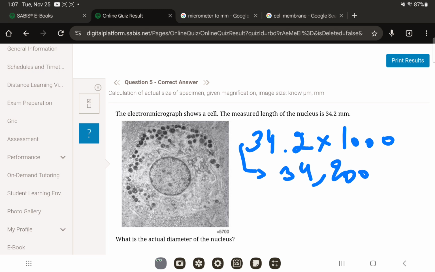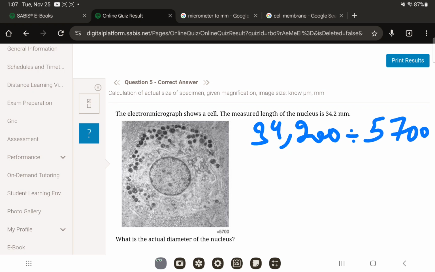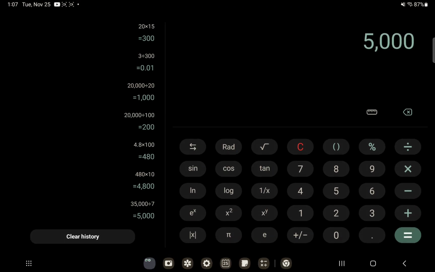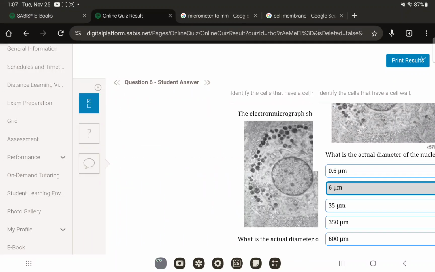So you would do 34,200 divided by the magnification, which is 5,700. So here, 34,200 divided by 5,700. So you will get 6, and the answer is 6.